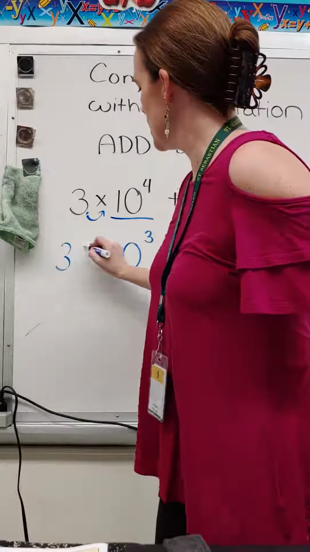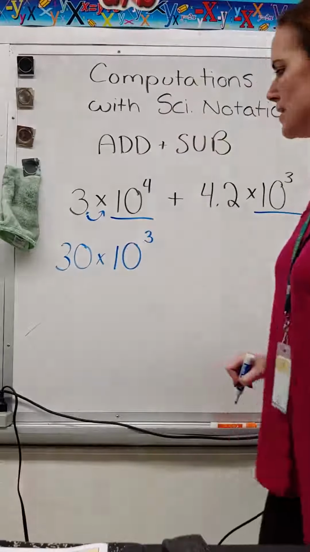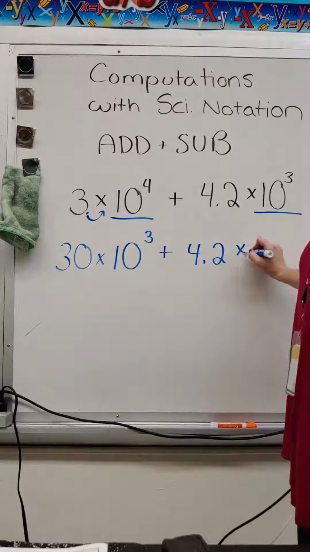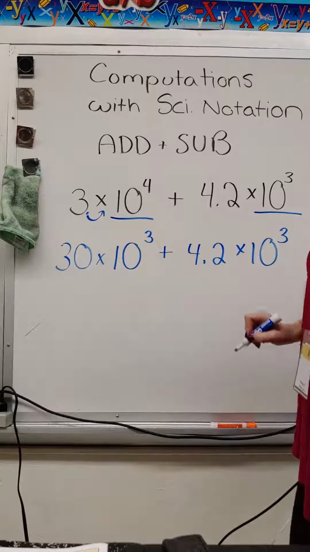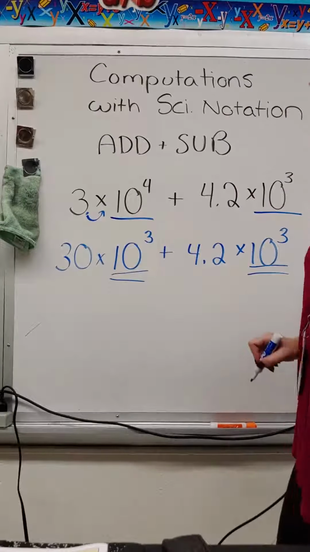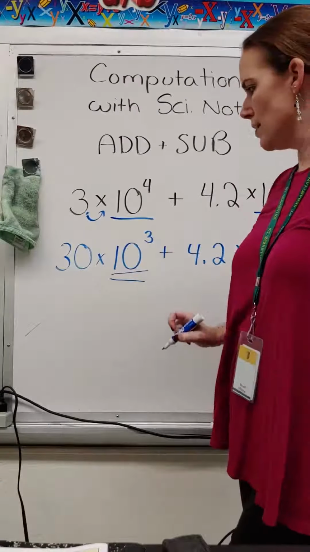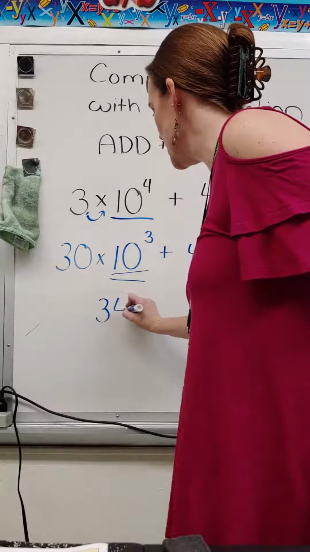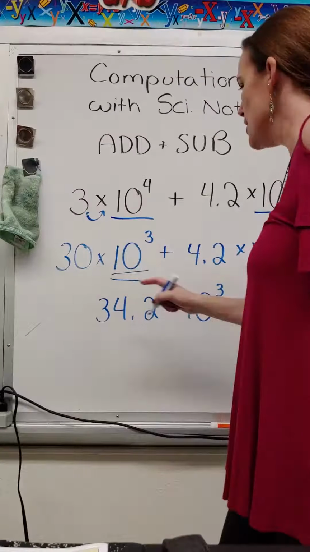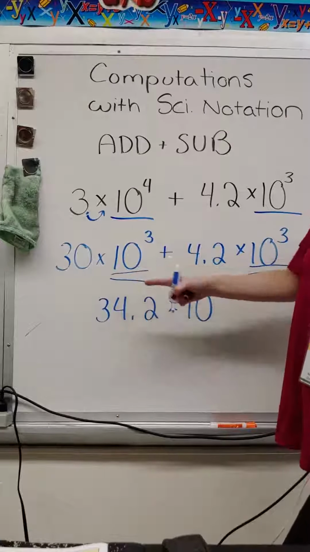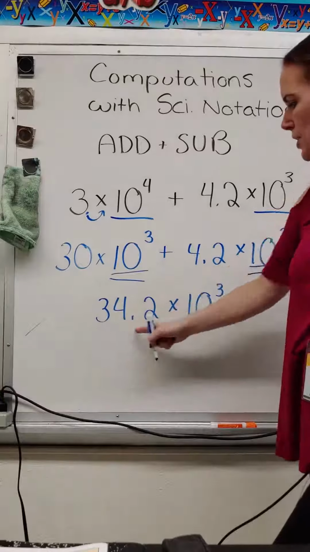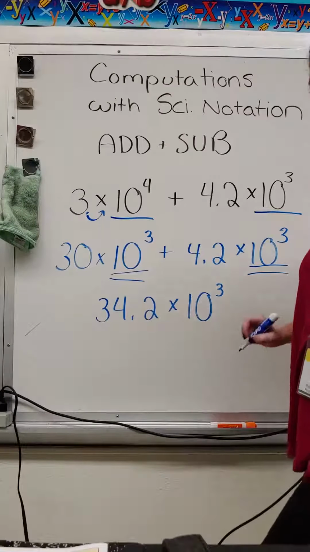So this is going to be 30 times 10 to the third plus 4.2 times 10 to the third. Then, once you have these where they match, you just add your front number and you keep your power of 10. So this is going to be 34.2 times 10 to the third.